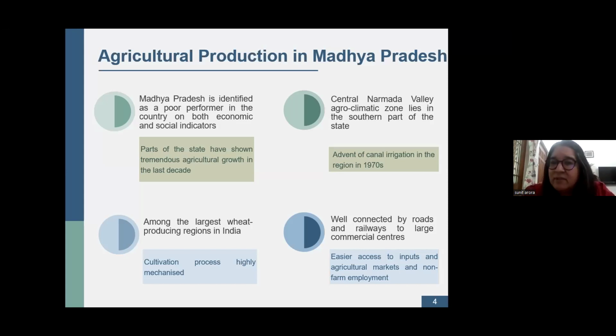Canal irrigation came to this region in the mid 1970s, and since then a channel of canals has been connecting and irrigating the fields in this region. Based on this canal irrigation, there has been massive transformation in the way agricultural production was conceptualized and organized in the irrigated parts of Narmada Valley. This has led to this part becoming one of the largest wheat producing regions in India, right?